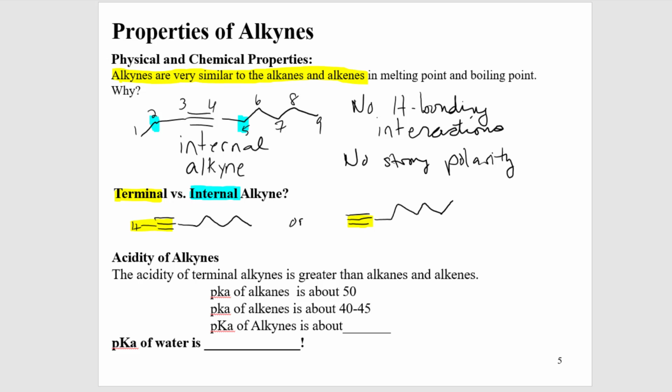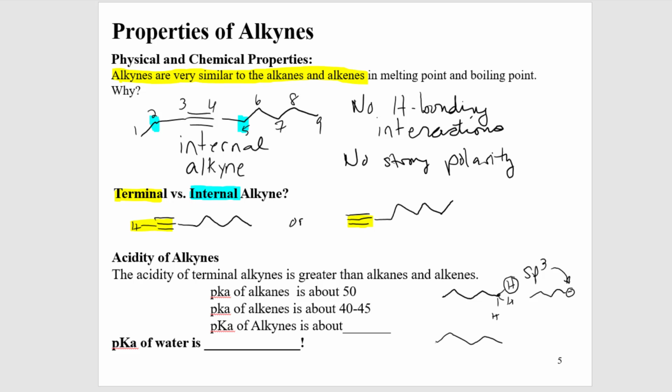This has to do with the acidity of the alkyne. So remember that if you had just a straight chain alkane, the hydrogen on one of those sp3 carbons, one of these hydrogens is sp3 in nature. So when it's removed, you have a negative charge on an sp3 carbon.